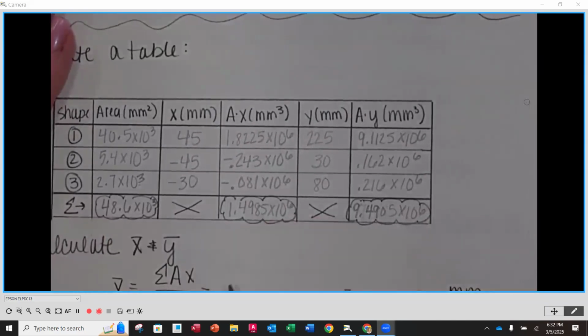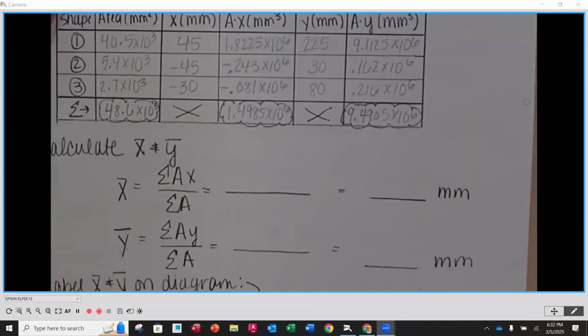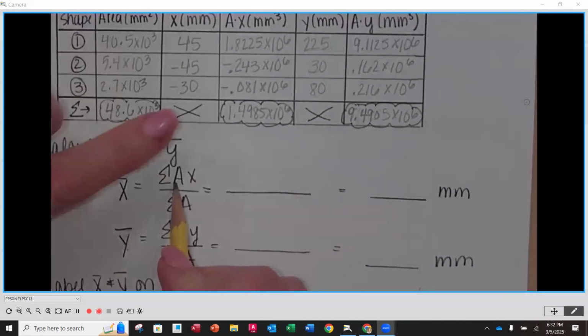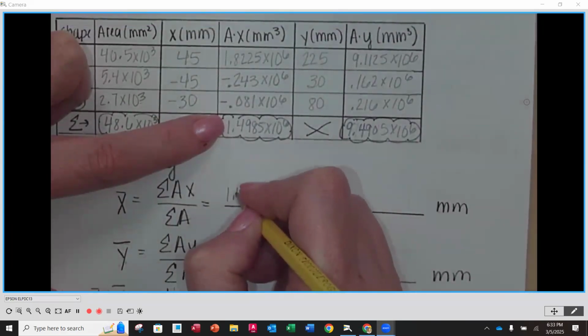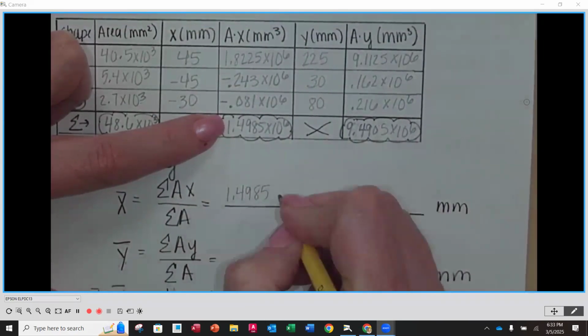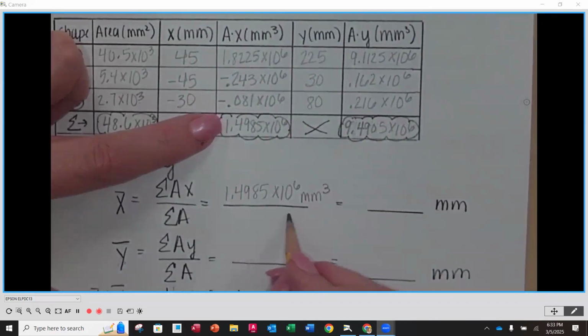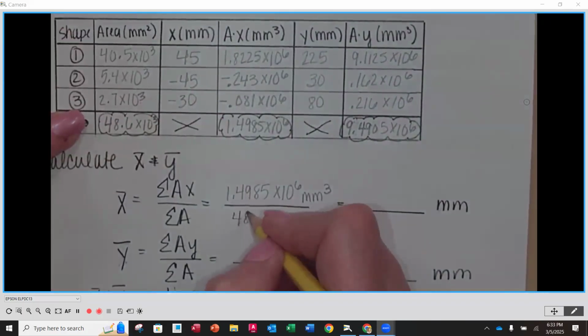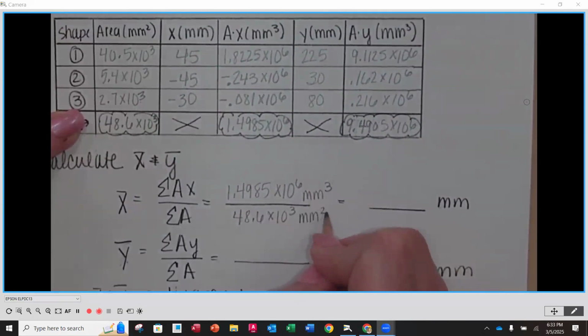Okay. So now if I go down and I'll kind of keep this up here. So if you're still doing a little calculating, okay. My X bar is going to be the total of the A times the X column. So that's going to be 1.4985 times 10 to the 6th millimeters cubed on top, divided by the total area, 48.6 times 10 to the 3rd millimeters squared.